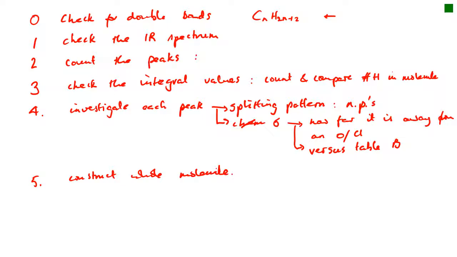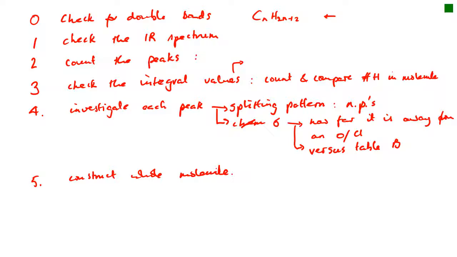And from the different bits that you've made up following this process, I just want to go back to integral values for a second, because once you've got the integral values, and that gives you the number of protons in that environment, then you can work out the groups those protons are in.